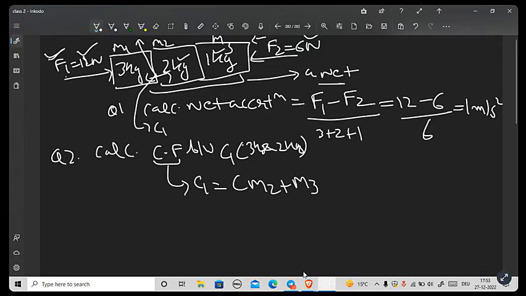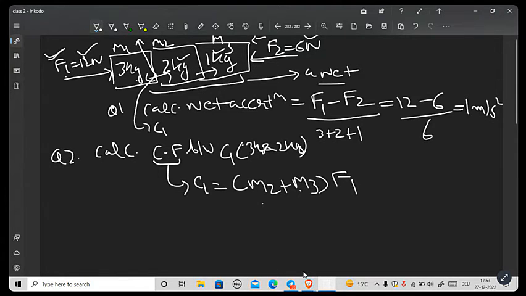Which force is not acting directly on M2 and M3? It is F1. F1 is the only force which is not acting directly on both M2 and M3. So I am multiplying it with F1, and since the contact force between 3 kg and 2 kg is responsible for pushing both these blocks in the right direction, that is why I have to include the mass of both of them.